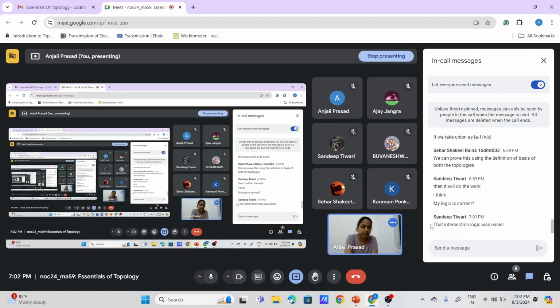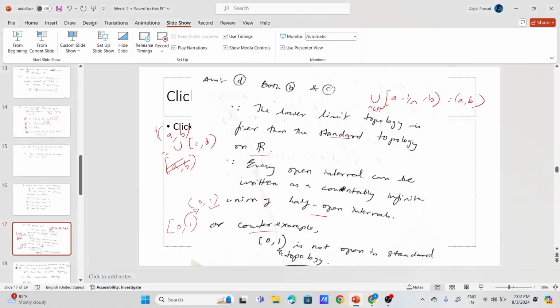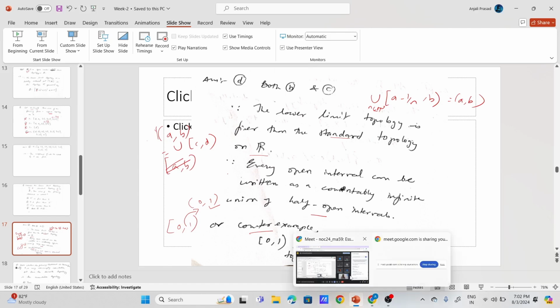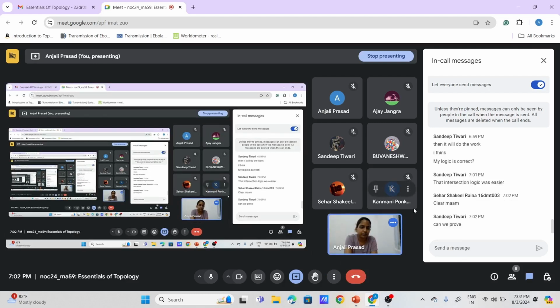What about others? Is it clear now, or still having doubt? Simply you can think about this now. The interval [0, 1) is not open in the standard topology. Fine. So obviously the lower limit topology will be finer than the standard topology, right? Okay. Yes, you try to prove it.